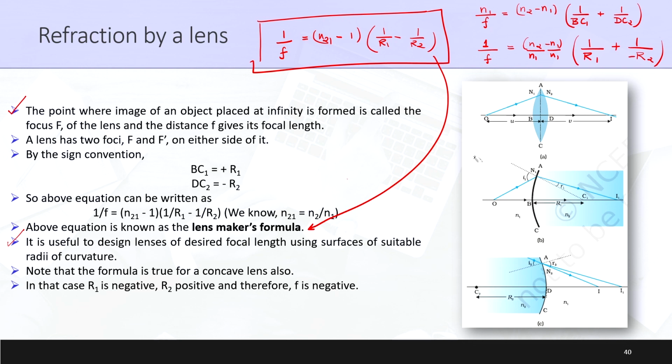In that case, R1 will be negative and R2 will be positive, and therefore f is negative. For the initial sequence, R1 was positive and R2 was negative.